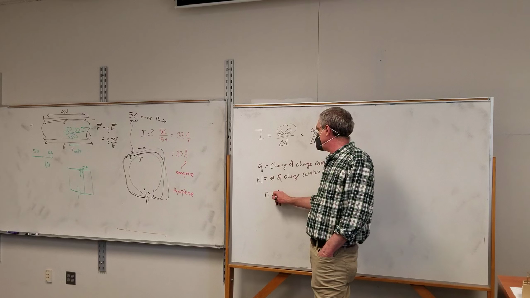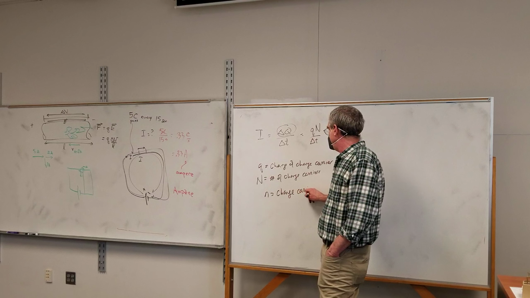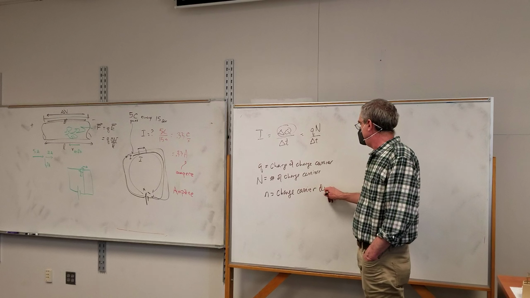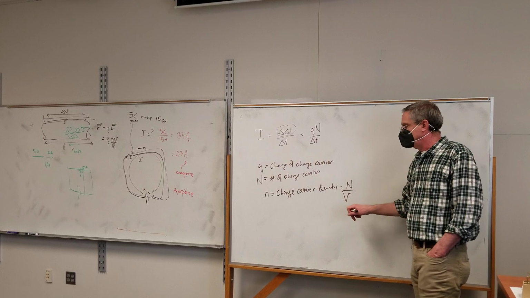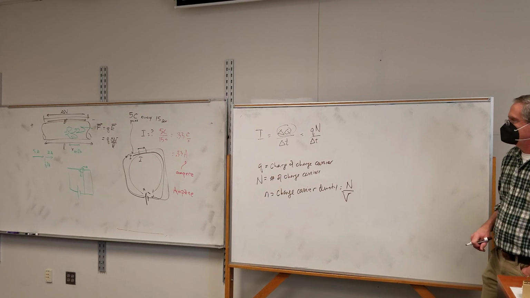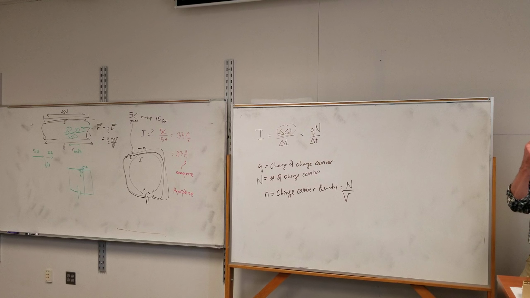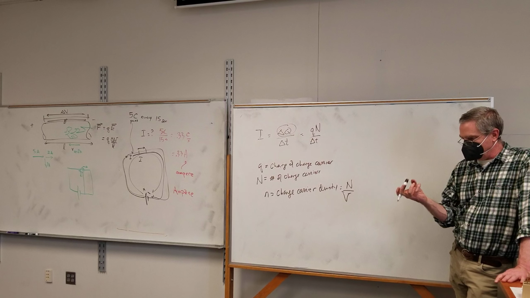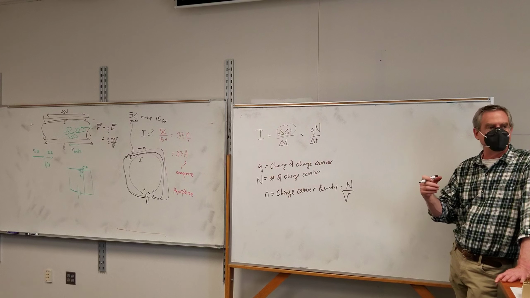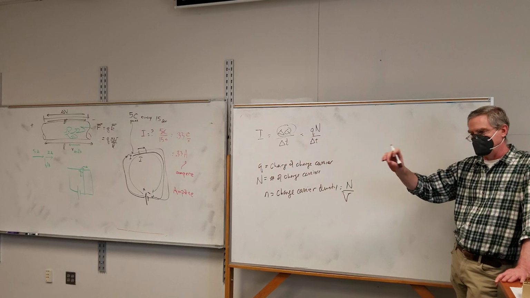This is the charge carrier density, and it's just the number of charge carriers per unit volume. I do want to differentiate between charge and charge carriers. I have an atom with a bunch of charges on it, but if those charges aren't moving, then I don't care about them. These are only the charges that will be moving.